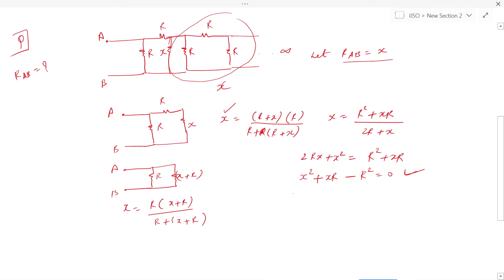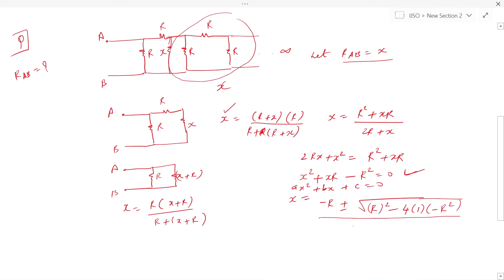So now just solve this. X will be what? Ax square plus bx plus c equal to 0, so minus b, so minus R plus minus under root of b square minus 4 into 1 into minus R square, by 2.